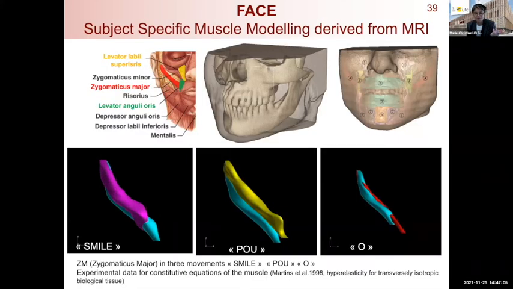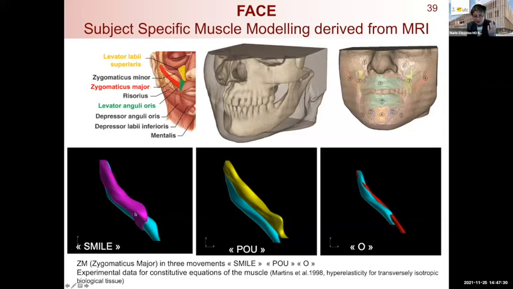So we took measurements from MRI, asking the patient to smile. We have the natural position of the zygomatic muscle, for example, and for the smile, you can see the contraction. The same muscle, again in a natural position, and then we ask her to do poo. We ask her to do O.